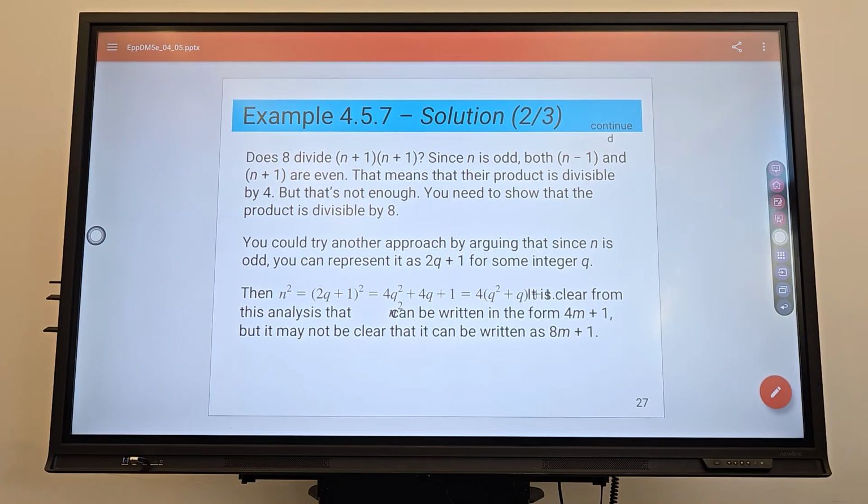Then n squared equals 2q plus 1 squared, which equals 4q squared plus 4q plus 1, which is 4 times q squared plus q, plus 1. It's clear from this analysis that n squared can be written in the form of 4m plus 1, but it may not be clear that it can be written as 8m plus 1.